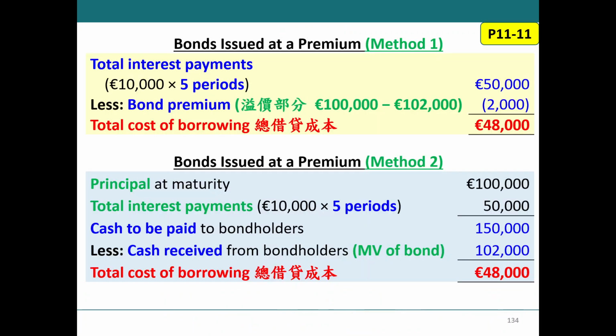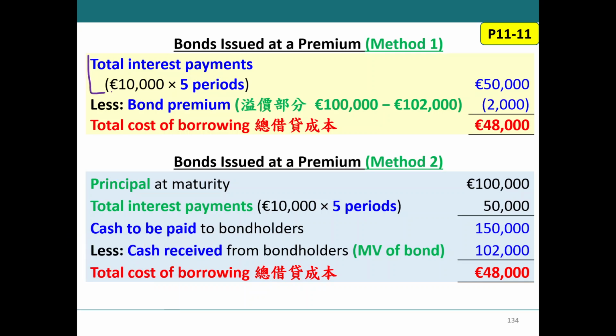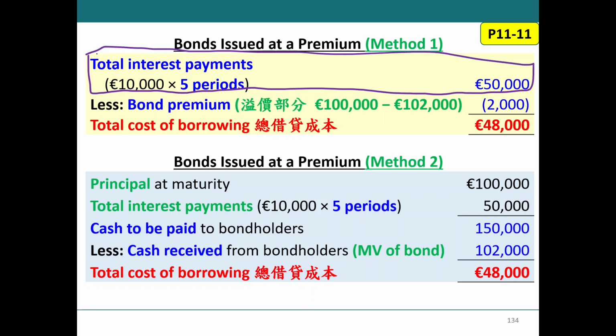Before we go to that, on the next slide, 134, I told you we have two costs of borrowing. The first one is the 10% contractual interest rate.